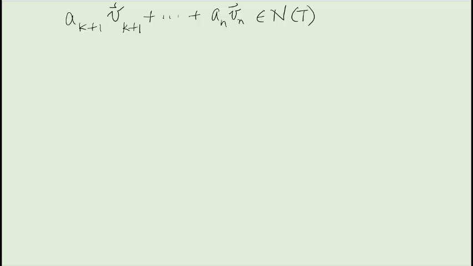Okay, so if that is in the null space, we know that the set V1 through V sub k is a basis for the null space.